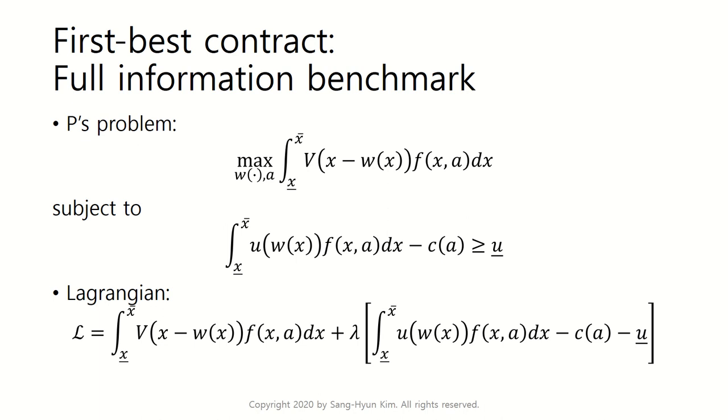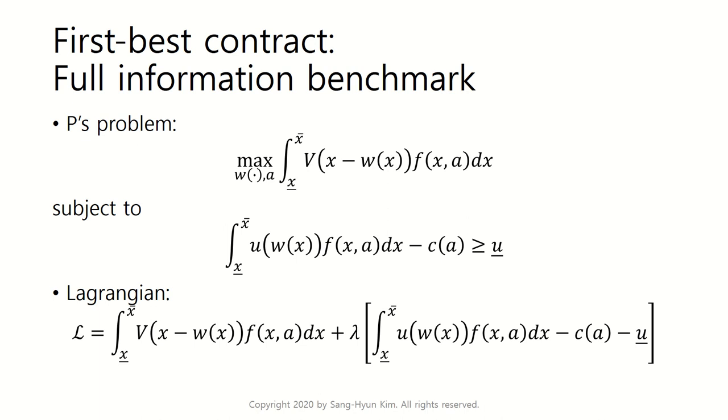You may want to ask, where is the IC constraint? The IC constraint is there, but we don't take it seriously because the IC constraint is not binding. Okay, so we only consider the binding constraints because binding constraints are important constraints that affect the solution of this maximization problem.